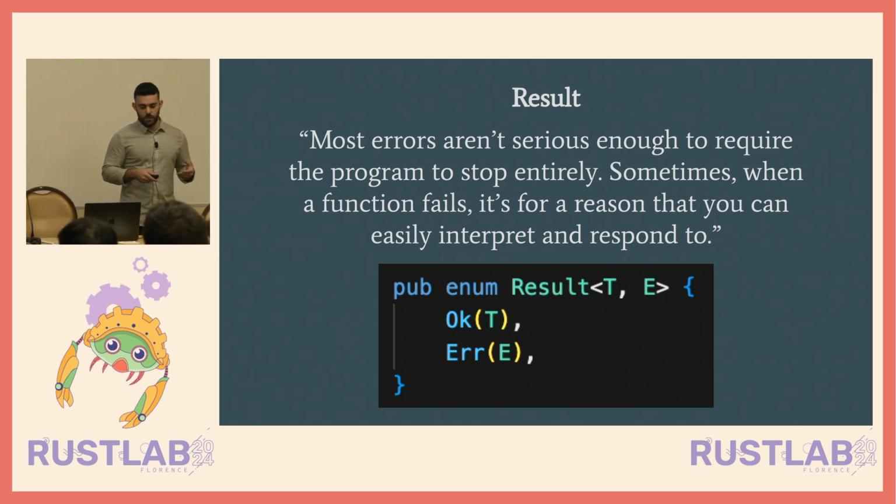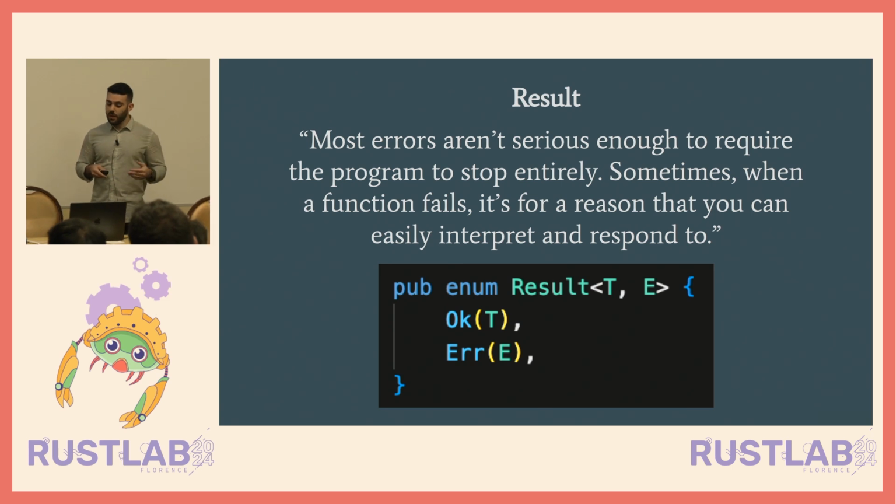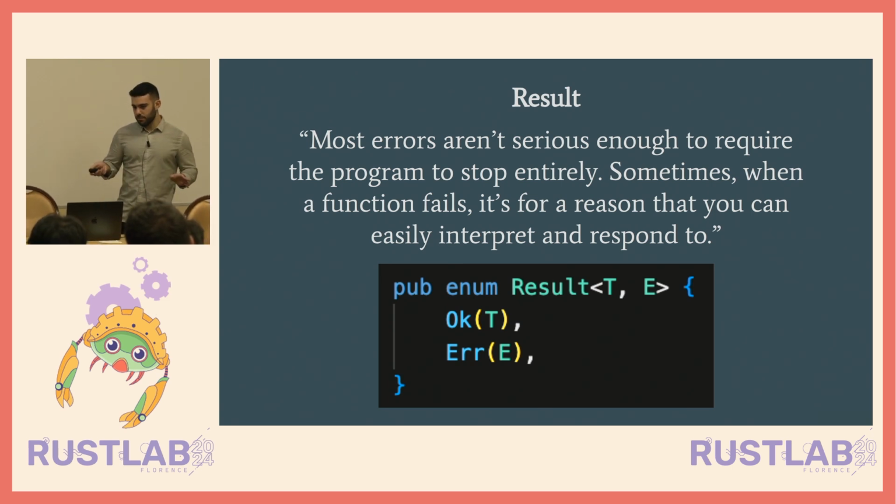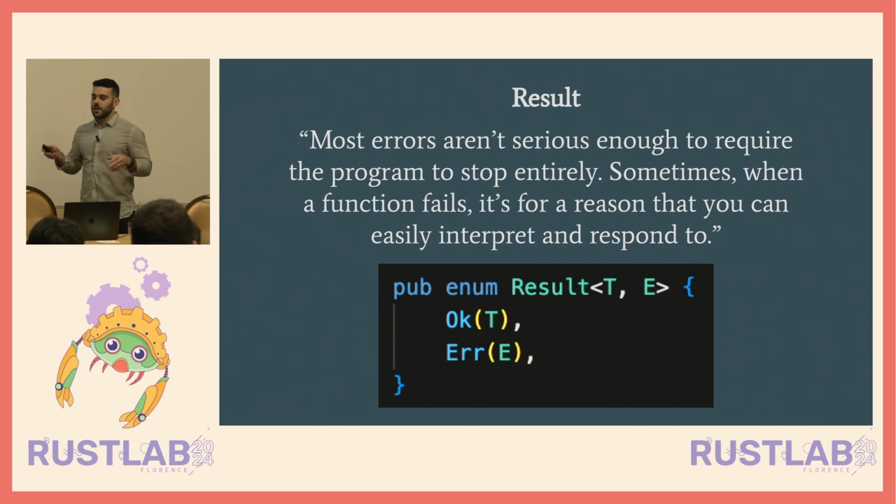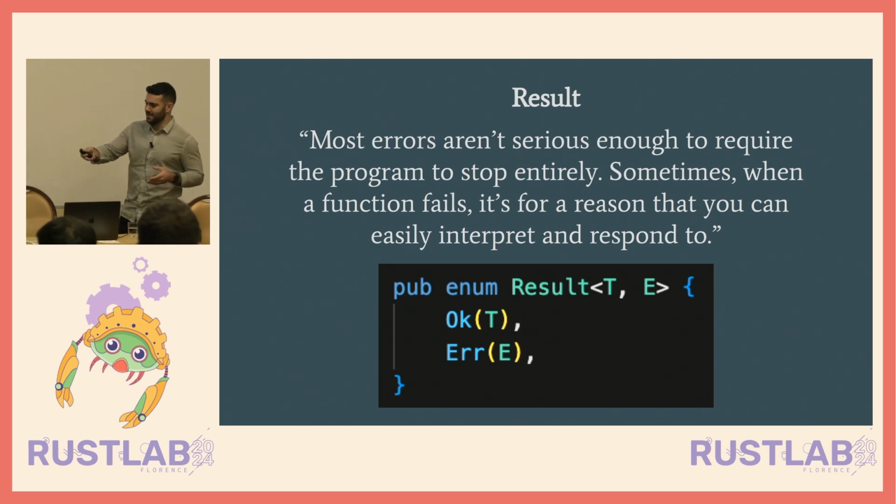If we have an Ok, we will get a value T. If we have an error, we will get an error E. Pretty straightforward. When we return a result from a function, the calling function can open this result and check if everything is OK. We can just continue. If we have an error, we can choose what to do with it.